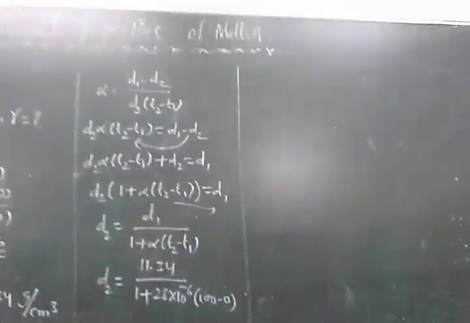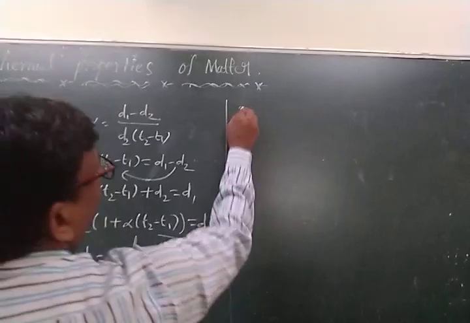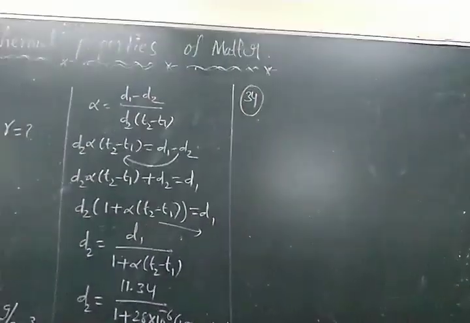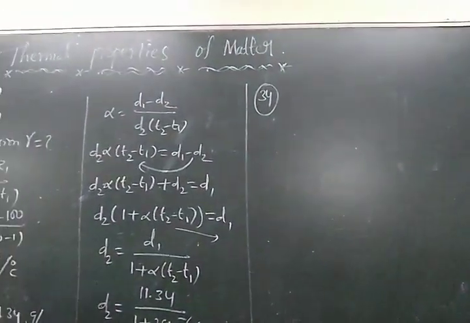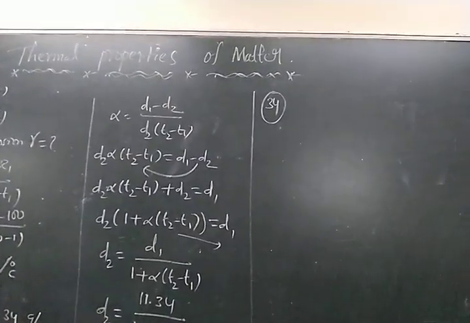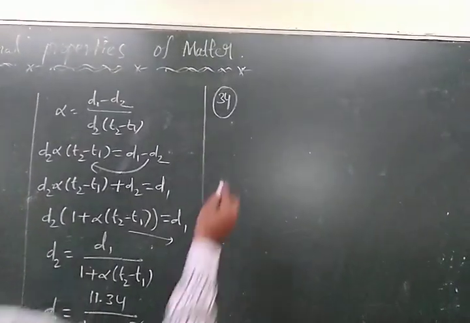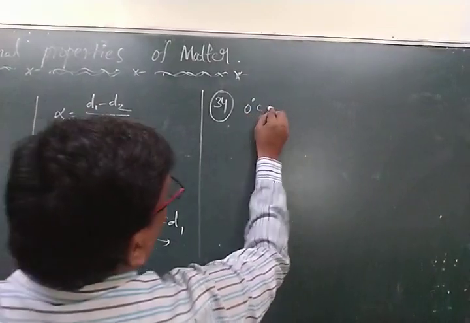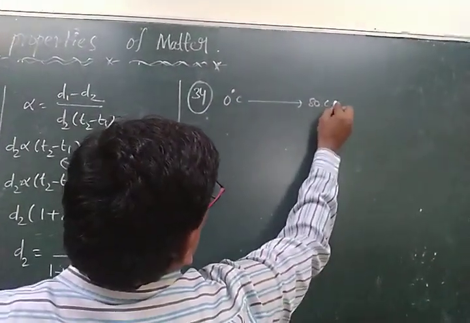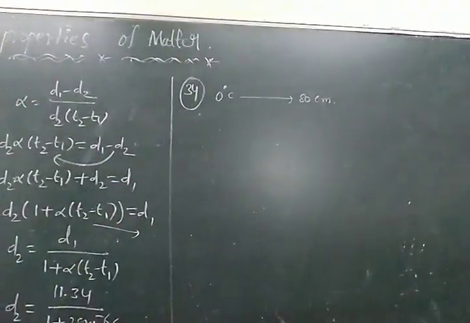See the next, question number 34. A liquid column height is 80 centimeter at 0 degree centigrade. At 0 degree centigrade the height is given as 80 centimeter.